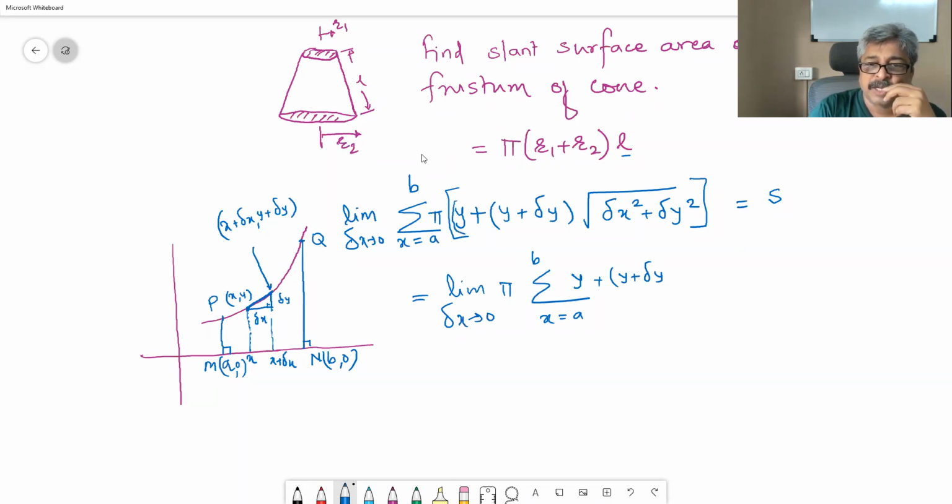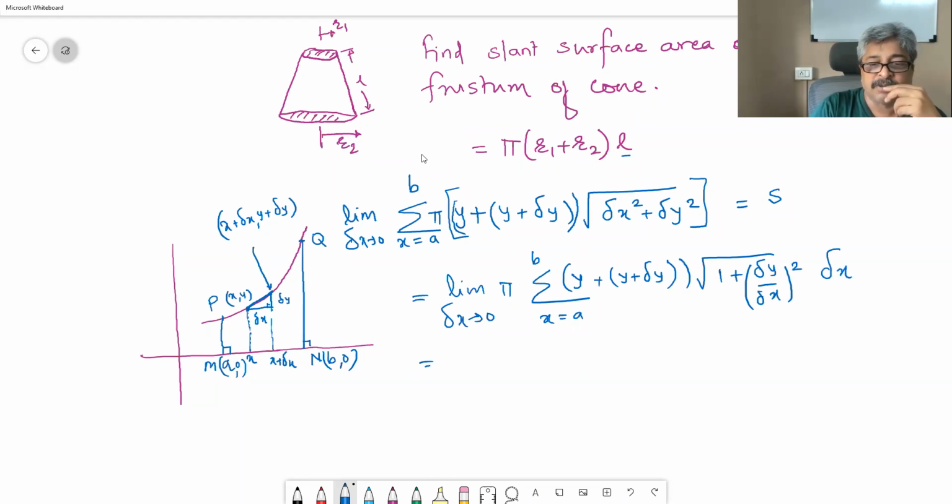This has to be in the bracket. You have to add them and then multiply by a radical. If I take delta x square common, then it is 1 plus del y by del x bracket square into del x.